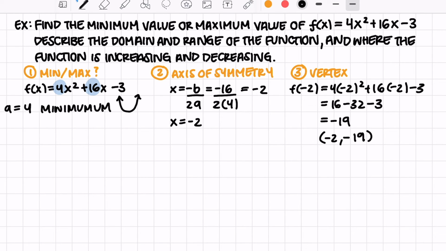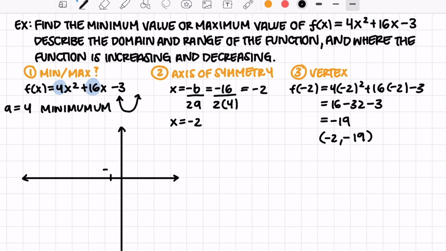Cool. So if I were to draw this out, and it's just like a quick sketch so that I could describe my graph, let's say we have our graph right here. And then we have our vertex, which is showing to be around -2, going all the way down to -19.